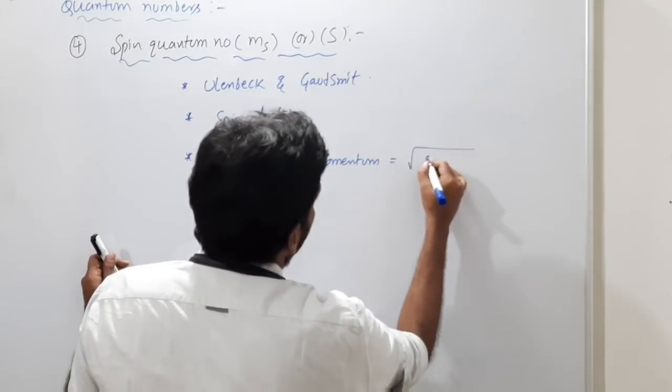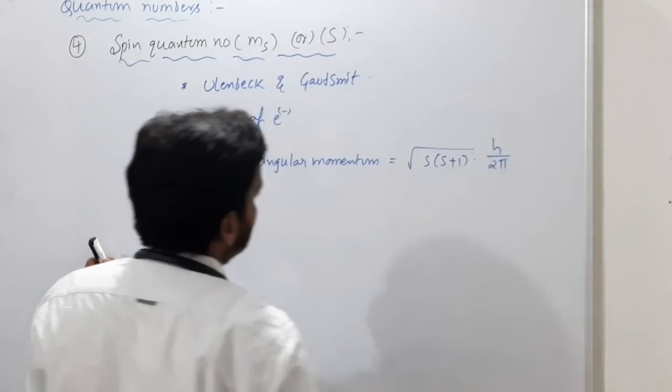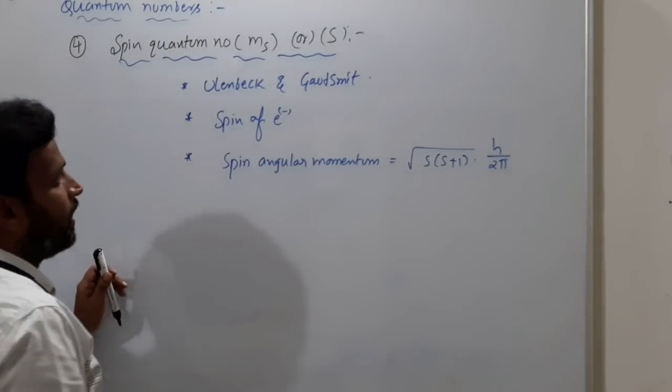It is square root of s into s plus 1 into h by 2 pi. This is what we call spin only momentum.